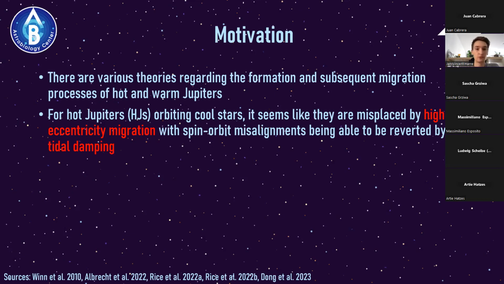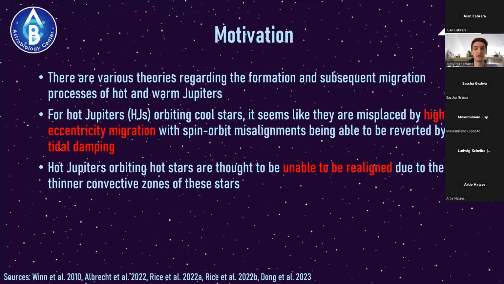And for hot Jupiters orbiting these cool stars, it seems that they are mainly migrated by high eccentricity migration, with the spin orbit misalignments between the stellar spin axis and the planetary orbital axis being able to be reverted by tidal damping, because tidal damping is more efficient when there are deep convective zones.